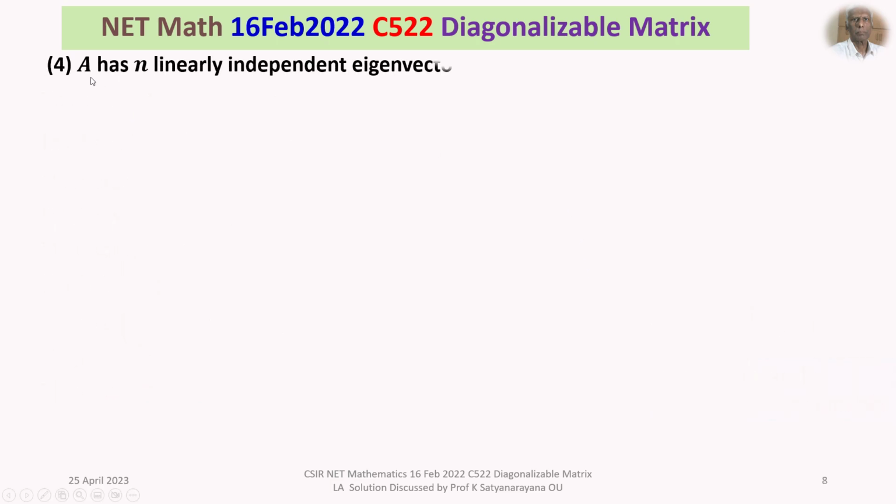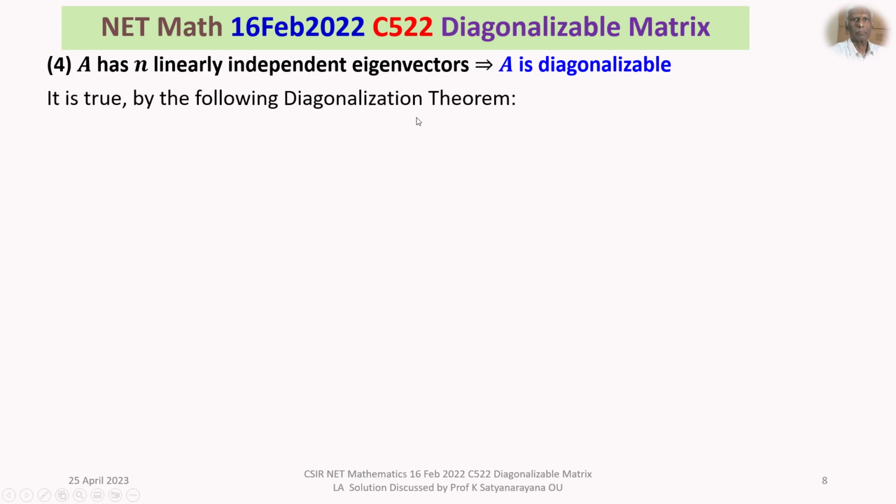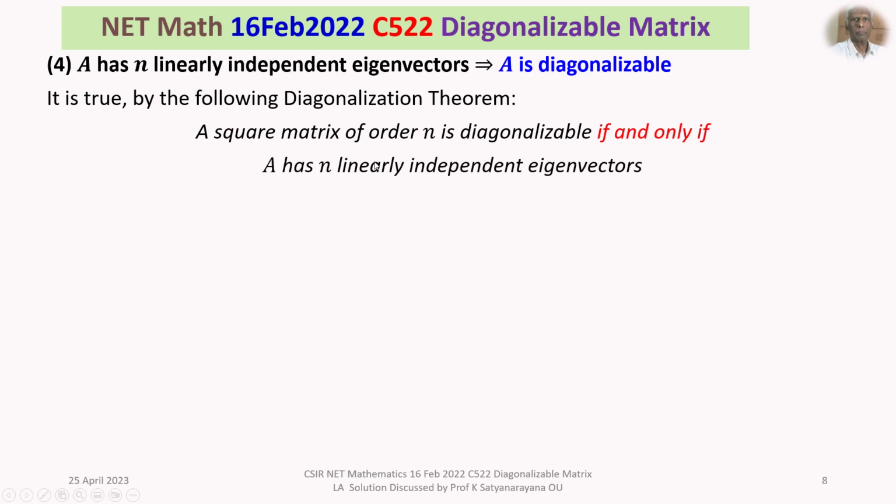We go to the last option. Option 4. A has n linearly independent eigenvectors, implies A is diagonalizable. This is a very well-known theorem. It is a necessary and sufficient condition for a matrix A to be diagonalizable, and it is true by the following diagonalization theorem. What is the diagonalization theorem? A square matrix of order n is diagonalizable if and only if A has n linearly independent eigenvectors.